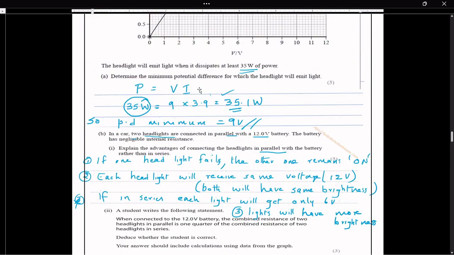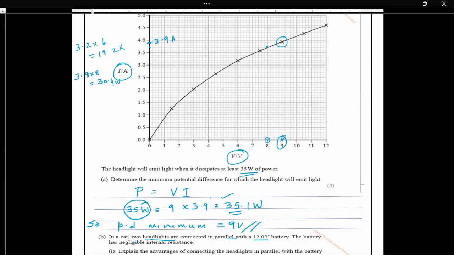See, I have used the maximum voltage 12, that is the Vmax, the battery voltage, and the current. The current is a little above 4.5.